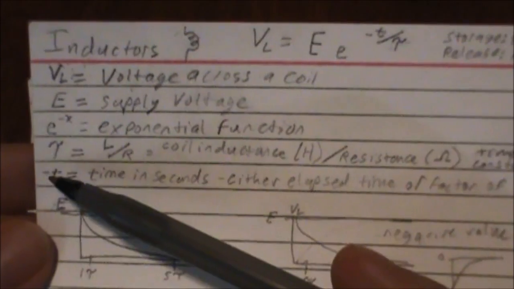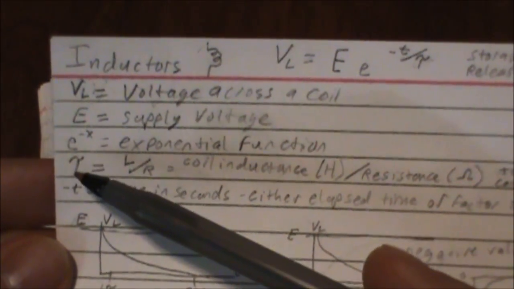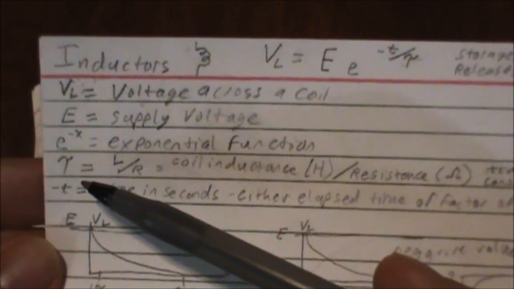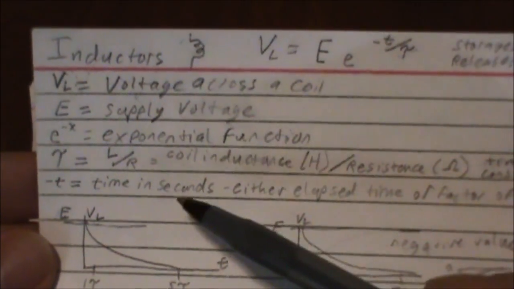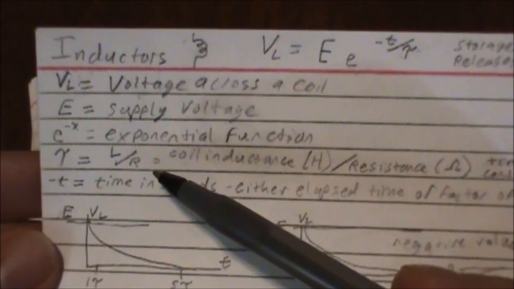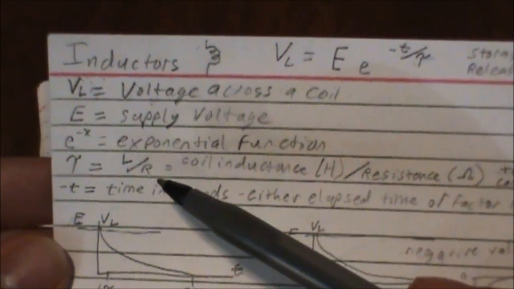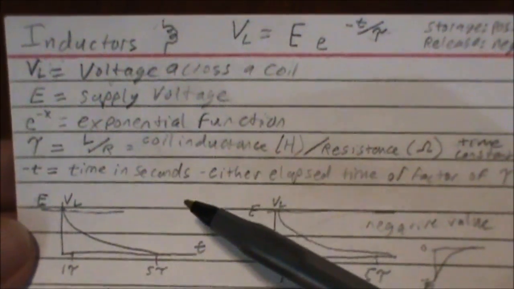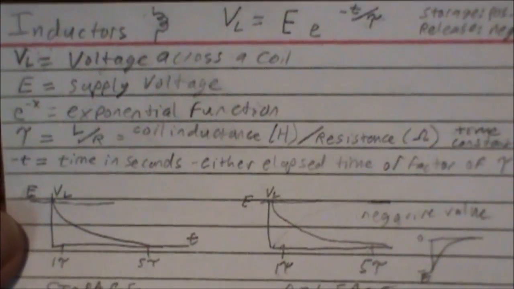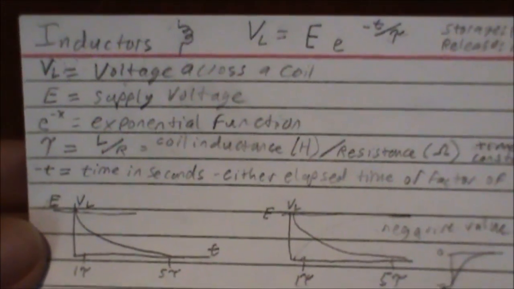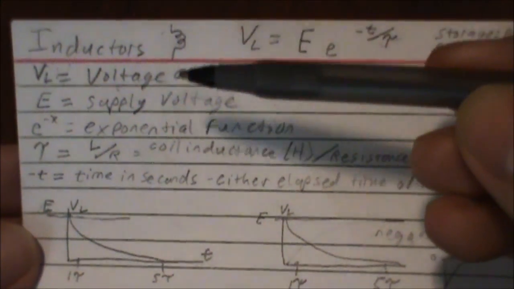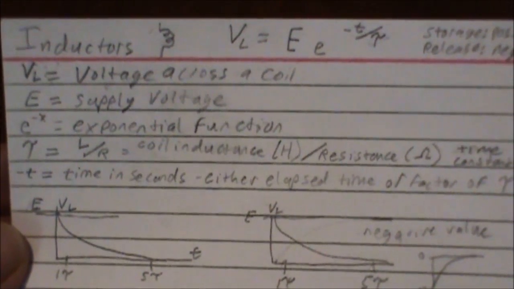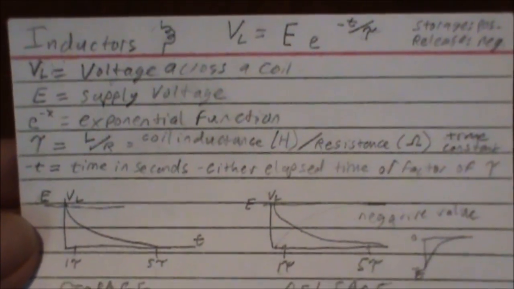And this funny little symbol that's almost a pi is the Greek letter tau, lowercase, T-A-U, equal to L over R, which is the inductance divided by the resistance of the actual coil, as if you were to put your ohm meter across the two terminals of the coil, or just get the whole entire resistance of your circuit.